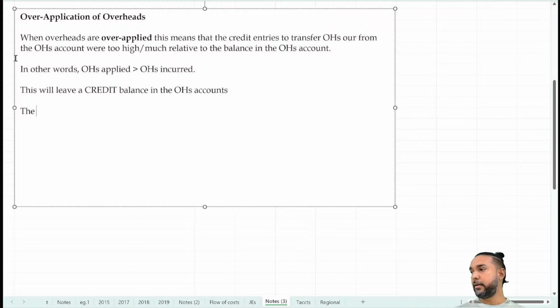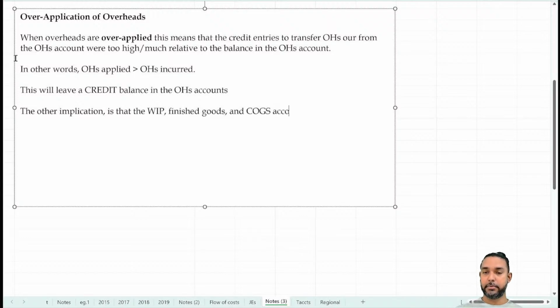The other implication is that the work in process, finished goods, and cost of goods sold accounts have overstated balances. In other words, you've transferred too much value into those accounts and the balances in them are too high.